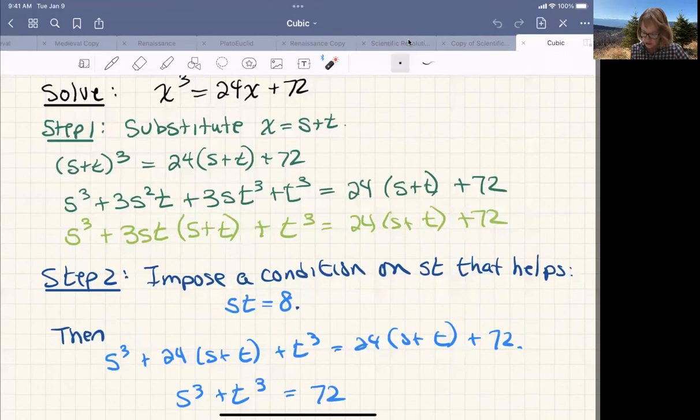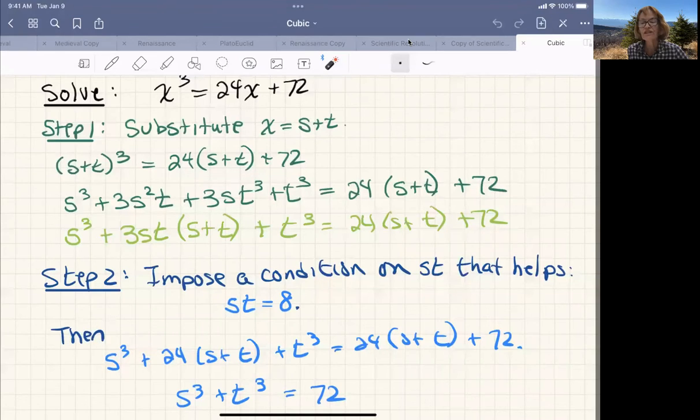So what I want to do is find an s plus t over here. Well, notice that if I just look at these terms right here, I can factor out a 3st, and then that would be multiplied by s plus t. So now on the left side of the equation, I have something times s plus t, and on the right-hand side, I have something times s plus t.